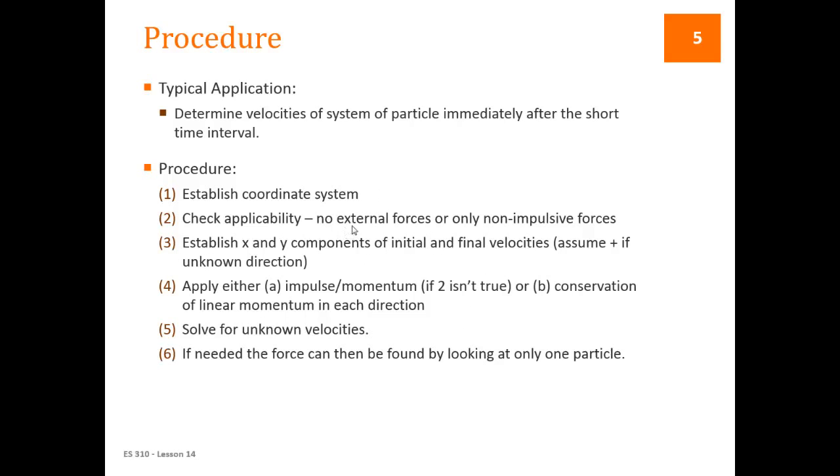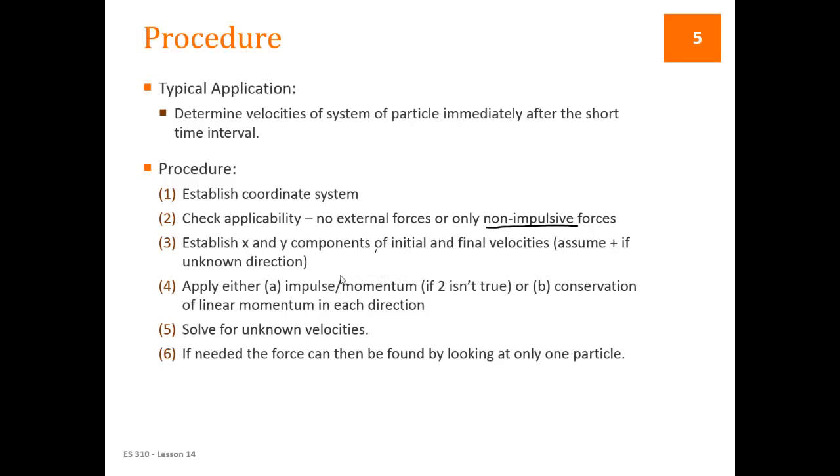We check for applicability, which means we need to have no external forces or only non-impulsive forces, external to the system. When the two balls hit each other, those are internal forces because they're internal to the system, and they cancel out. We establish our x and y components for the initial and final velocities. Some of those will be unknown, so we can assume a positive direction if they're unknown.